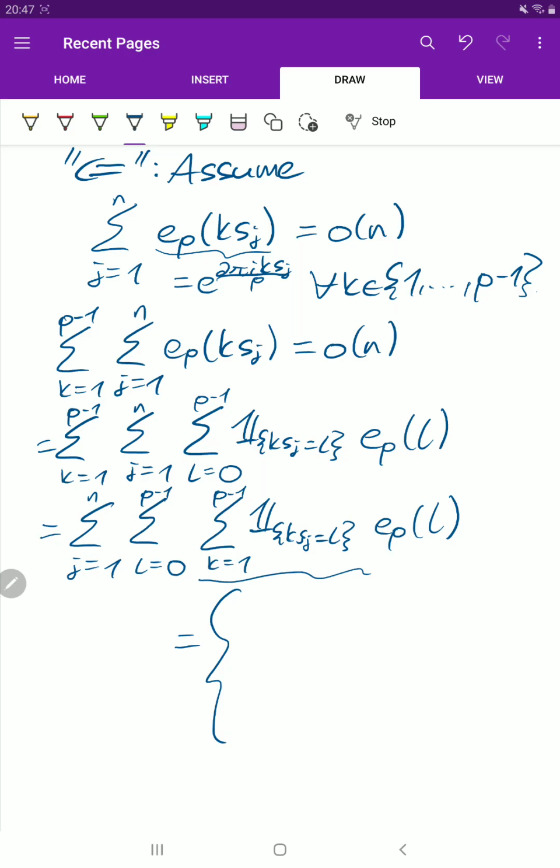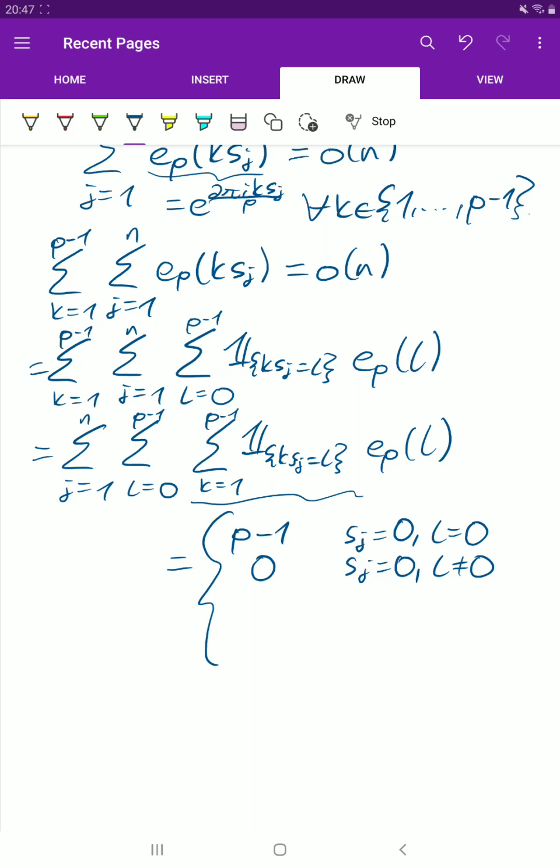Let's start with the case s_j is 0 and L is 0. In this case, k can be anything, so any value from 1 up to p minus 1 satisfies the equation that k times s_j is equal to L, so we get p minus 1 in the sum. On the other hand, let's say s_j is 0 and L is non-zero. Whatever we do, it will never be satisfied, so the sum gives 0.